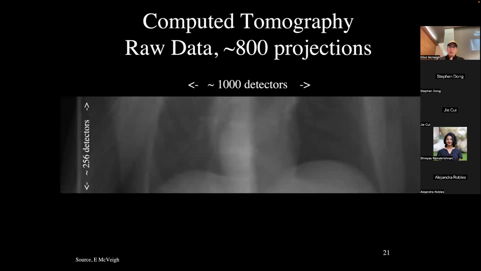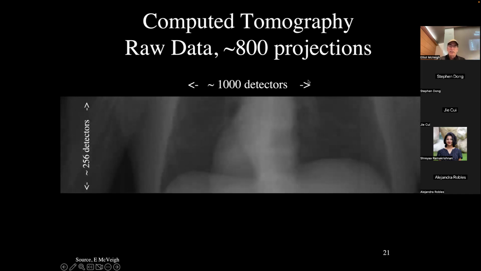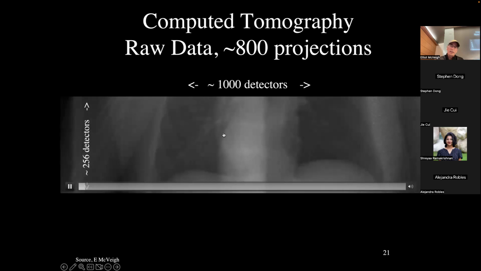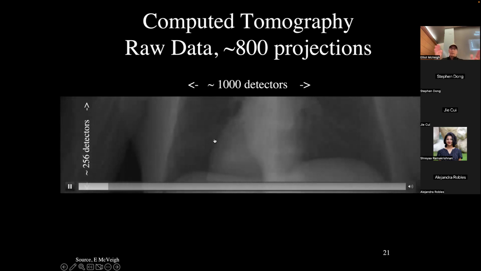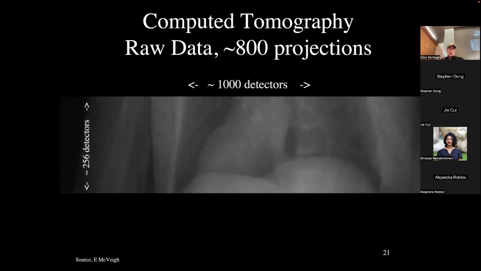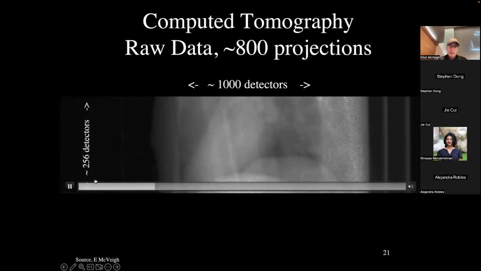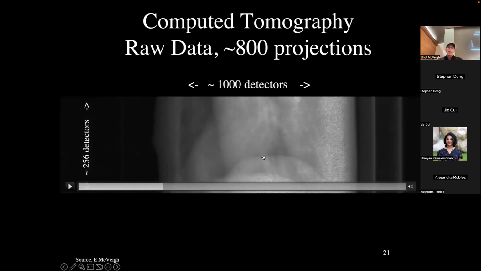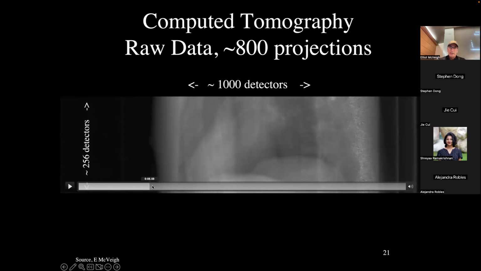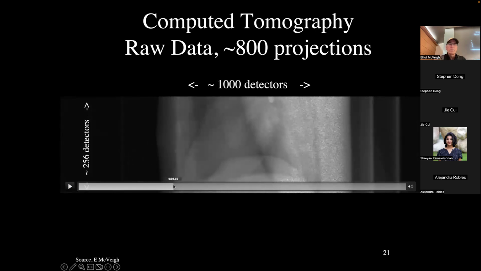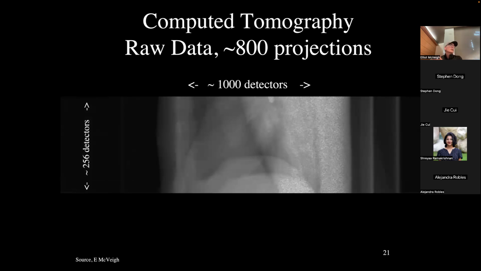A couple of things to note is that you get good signal to noise sort of around here, but then when you're looking at the patient from the side, you have to look all the way through the patient. Let's stop it here. So now I'm looking through the patient's right arm and going through their chest and then going through their left arm. That's a very long dimension, right?